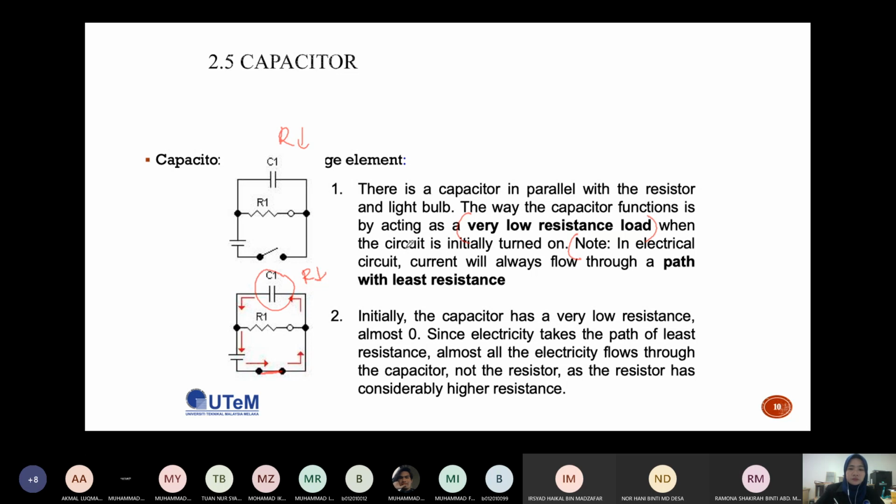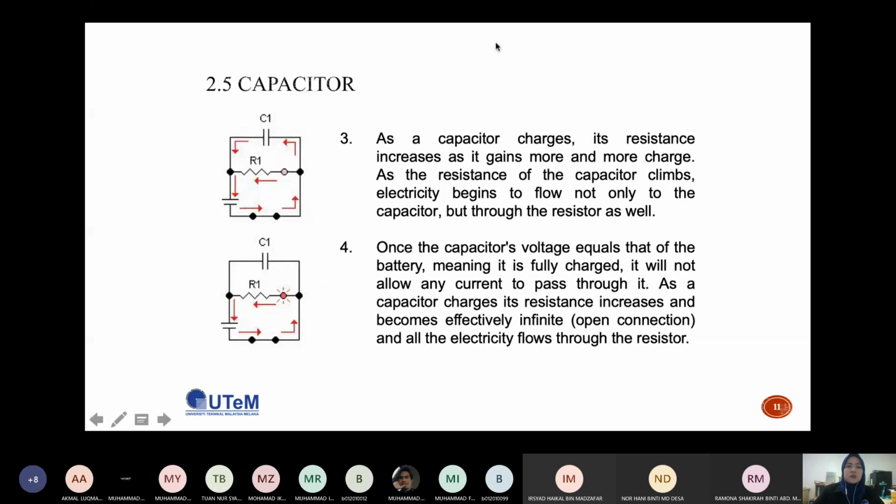So when the current flows to the capacitor, the capacitor will charge, and as the resistance of the capacitor climbs, the electricity begins to flow not only to the capacitor but through the resistor as well.